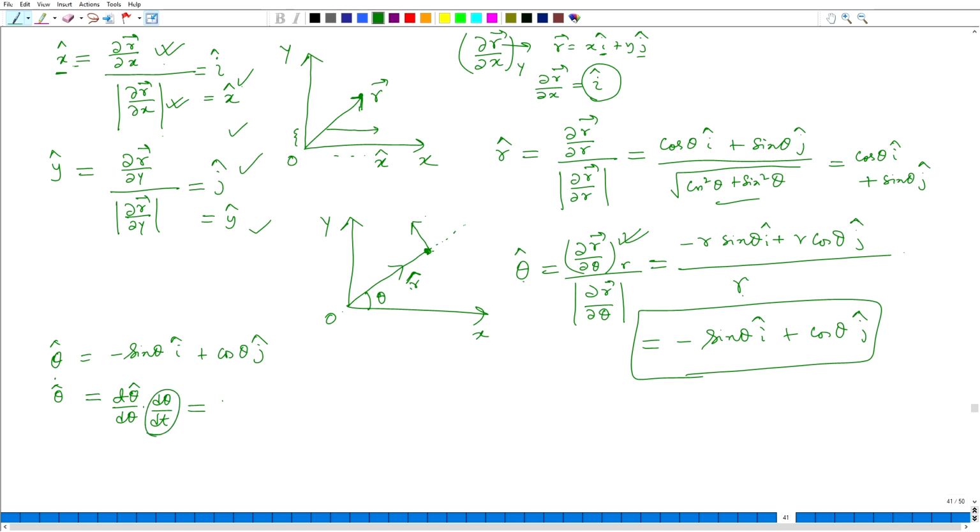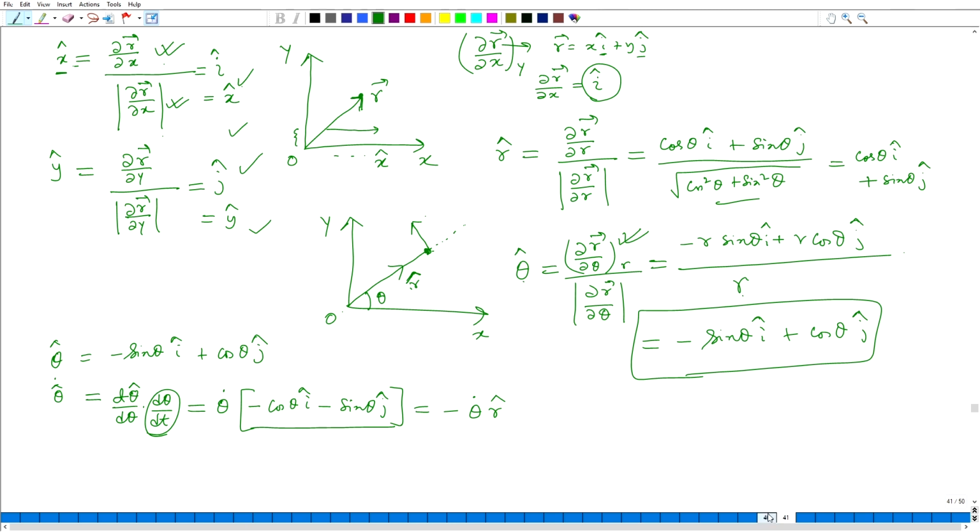So, d theta by dt is nothing but theta dot, and this is now easy to understand: this is minus cos theta i cap minus sin theta j cap. If you remember, this is nothing but minus theta dot r cap, because cos theta i plus sin theta j is r cap.